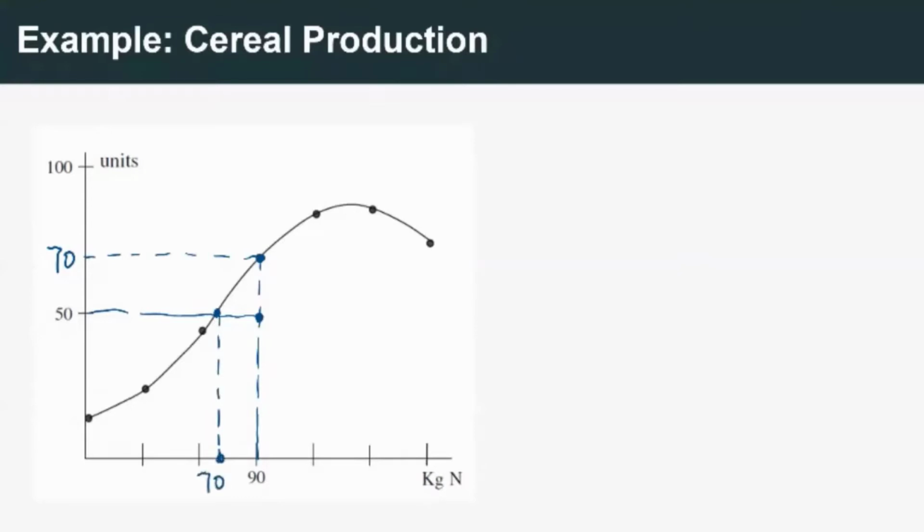The producer could simply use 70 kilos of nitrogen and then produce the 50 yields, and then just dispose of those 20 kilograms of nitrogen.